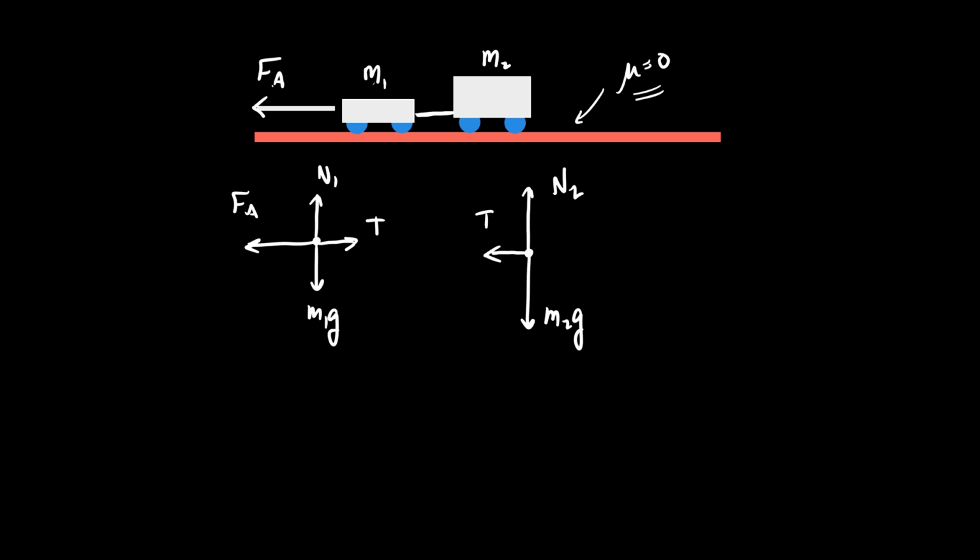You can have internal forces that cause internal changes, but if the system's going to accelerate, there has to be an external force to the system. I'm going to try and make this more clear in a minute, but when I look at this picture, it clearly seems like the tension force is internal. It pulls in one direction on one object and in the opposite direction on the other. All right, next question.